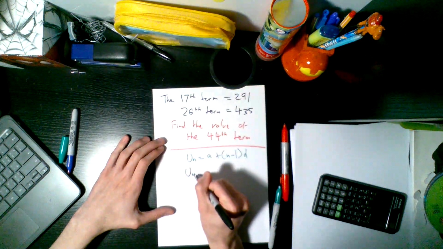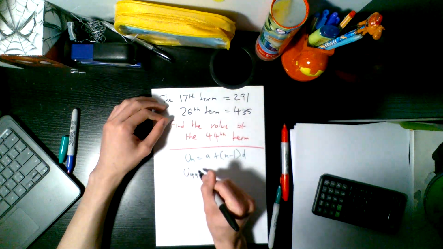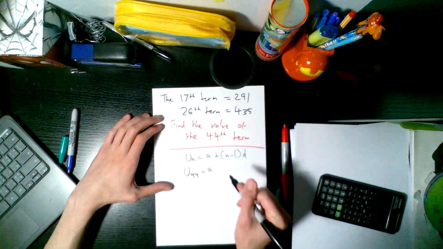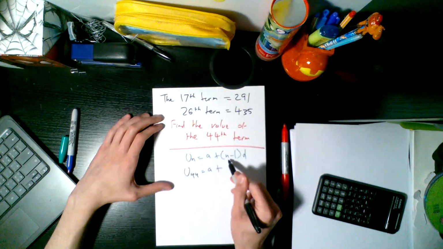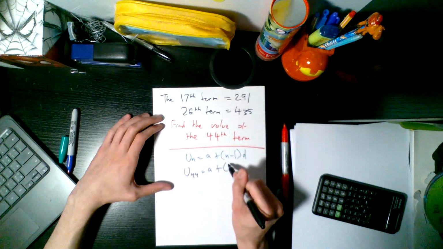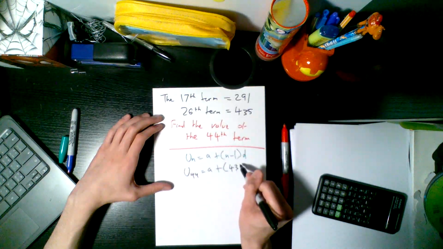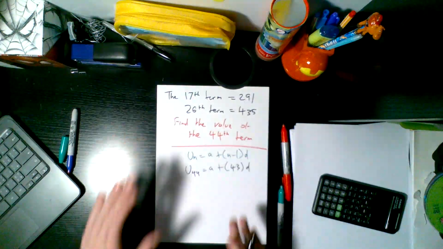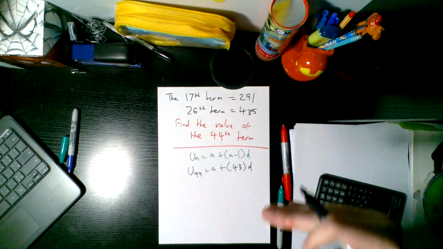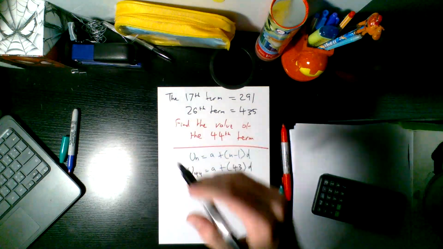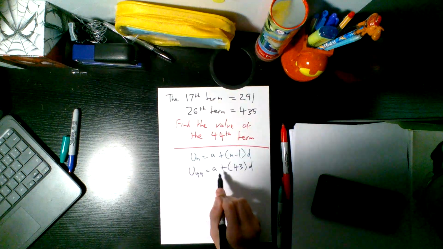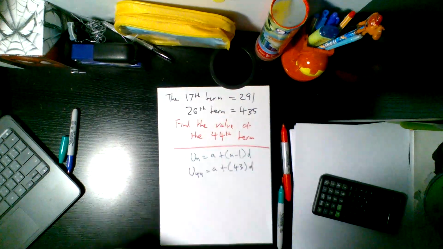The 44th term equals the first term, which we don't know yet, plus 44 minus 1. We know that n is going to be 44, so 43 times d. We still don't know d. We have 2 unknowns, so we still have to do more steps. The 44th term is the first number plus 43 times the difference.